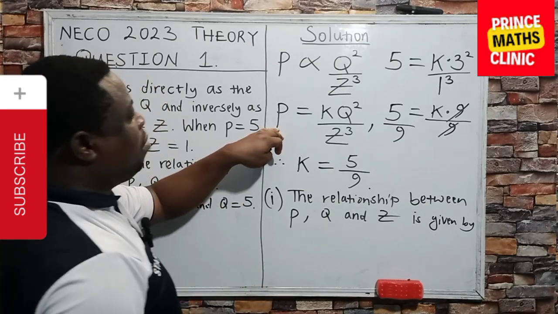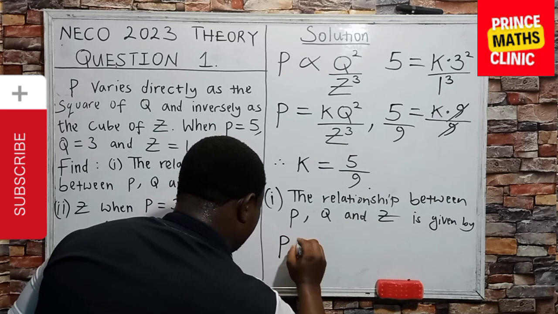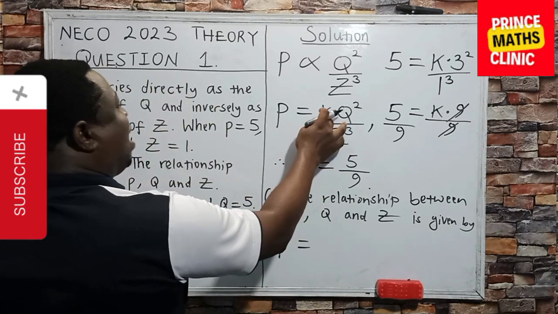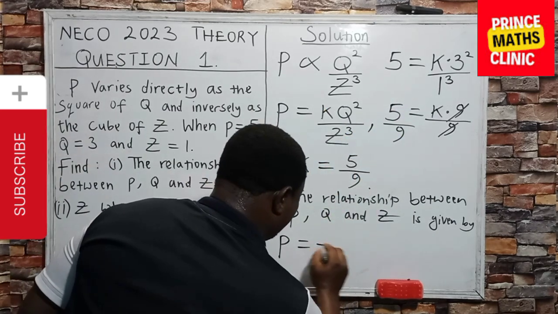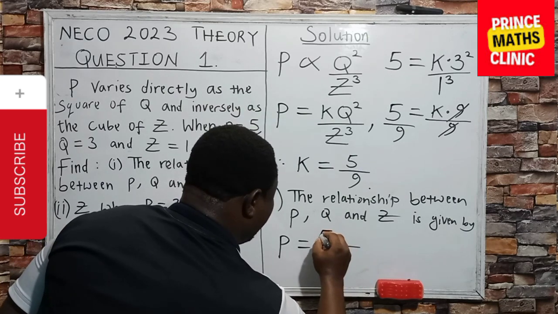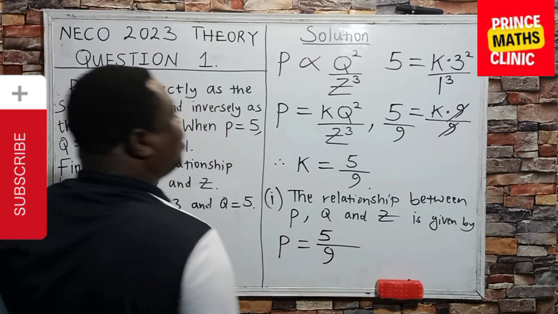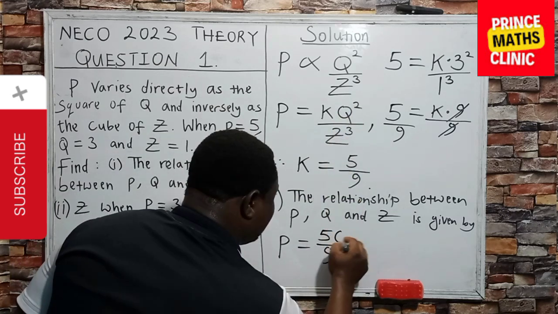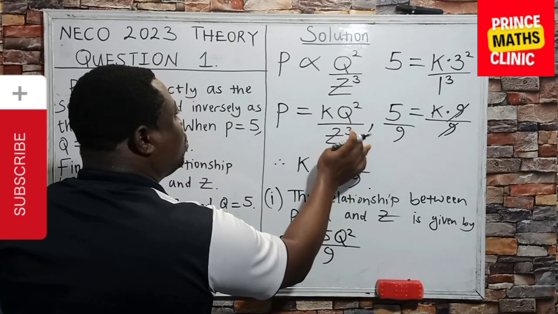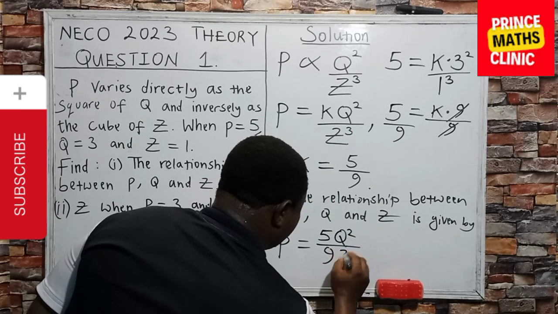Now the relationship is given by P equal to, my value for K is 5 over 9. So what I will do, I'll put the 5 here, I will put the 9 here. Then you have Q squared over what? Z cube.